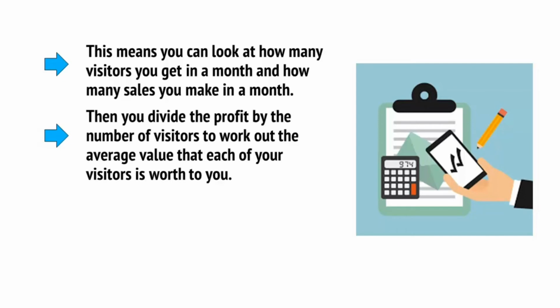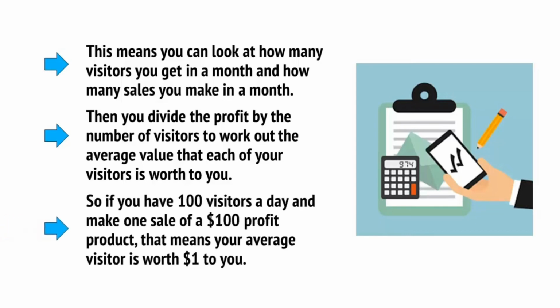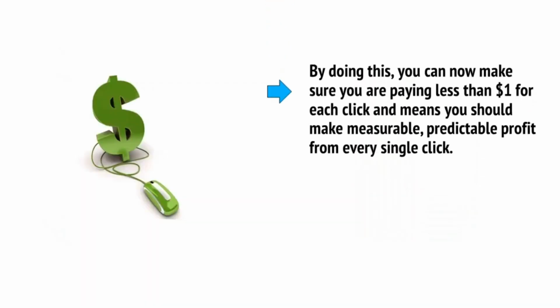What you do then is divide the profit by the number of visitors to work out the average value that each of your visitors is worth to you. So, if you have 100 visitors a day and you make one sale of a $100 profit product, that means your average visitor is worth $1 to you. And by doing this, you can now make sure you're paying less than $1 for each click, and it means you should make measurable, predictable profits from every single click.